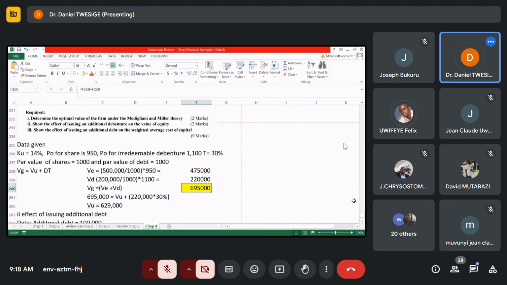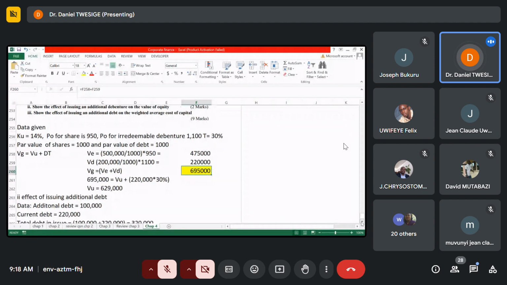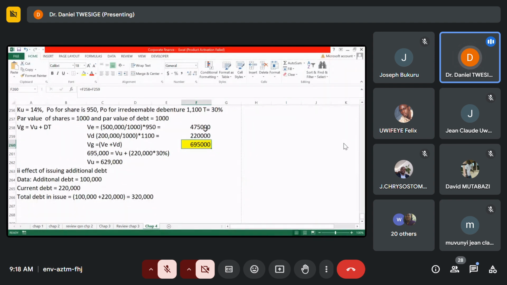Already we have our current value of equity, which is 475. What is the effect of issuing this debt on value of equity? My first part, I need to get, after issuing this new debt, what is going to be the optimal value of the business?